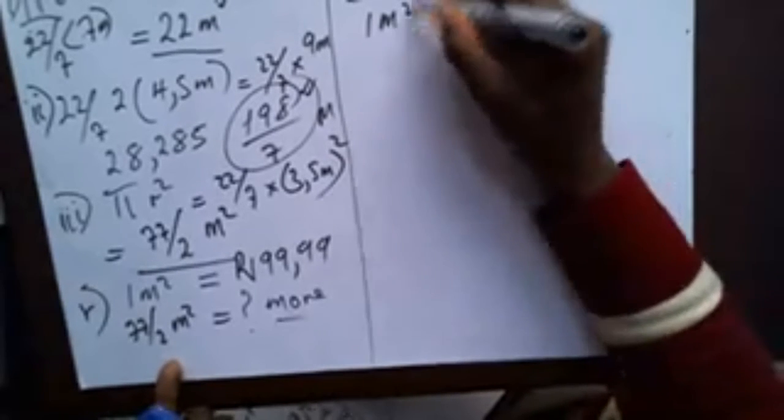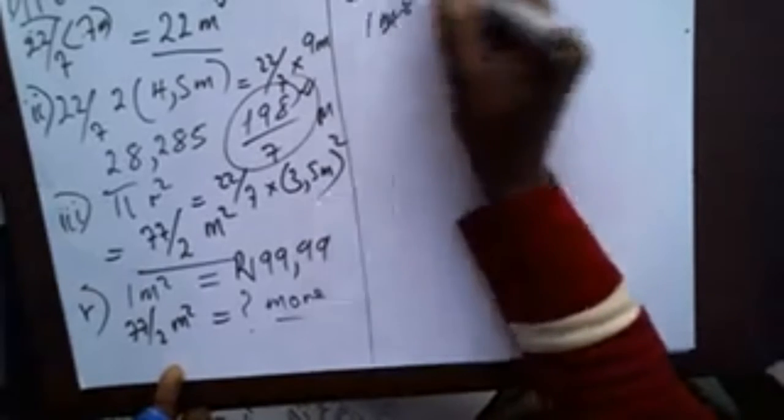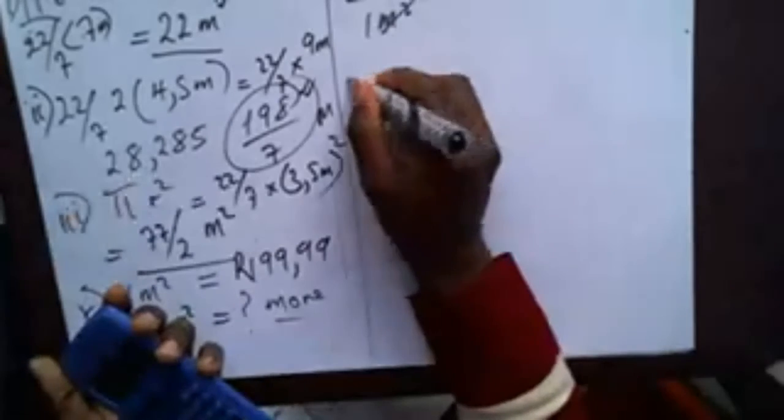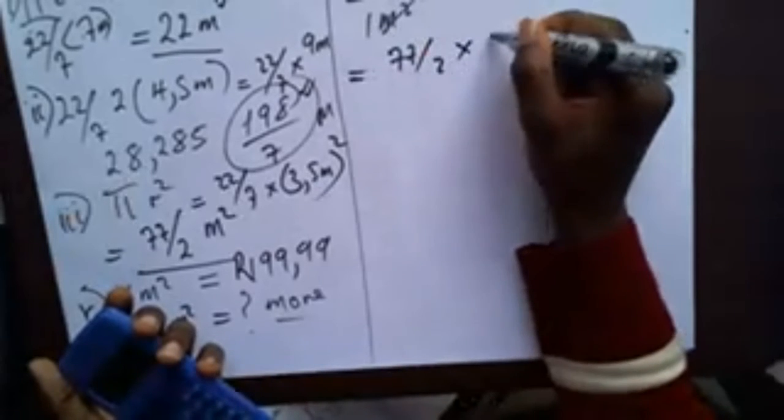Meters and meters, guys, don't be confused there. This is a single number, so I can deal with it whatever way I want. So this is representing 77 over 2. That is what I have. Fortunately, here I have over 1, so I have no problems how to divide that. So this is simply going to be 77 over 2 multiplied by.